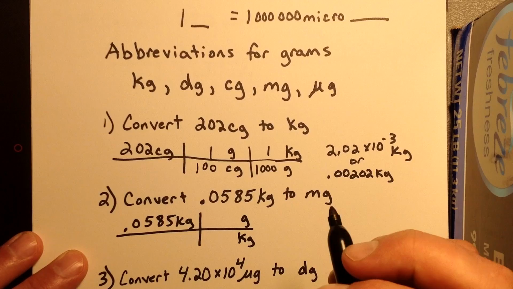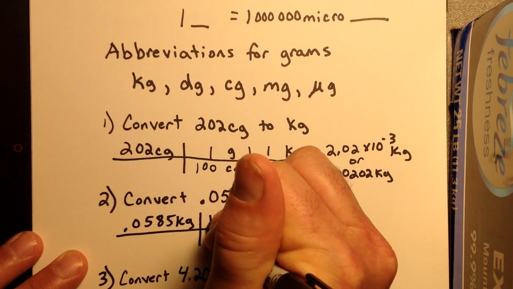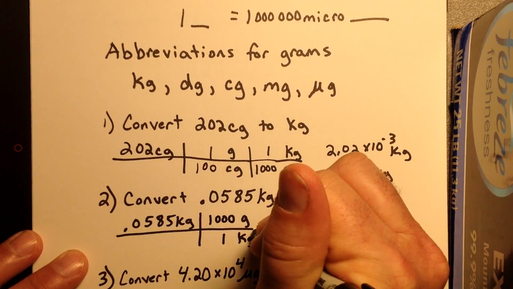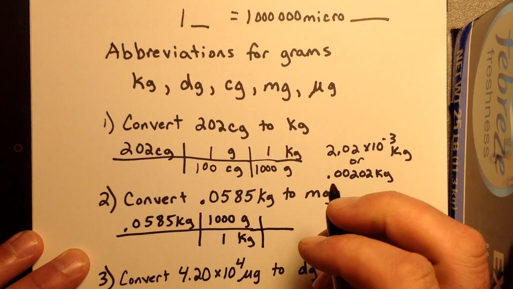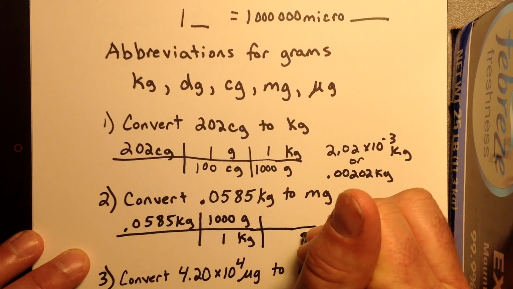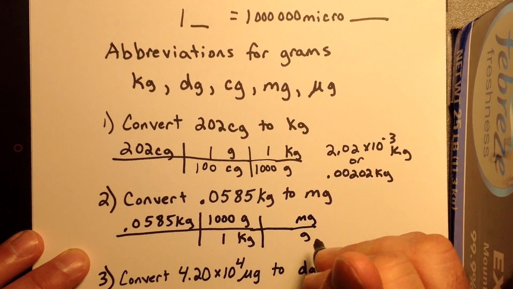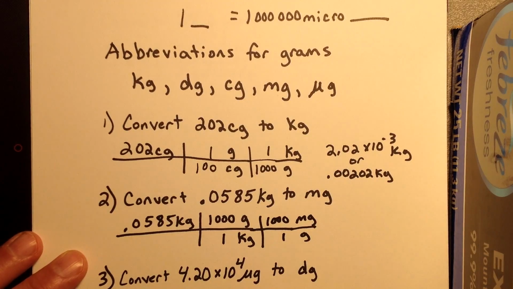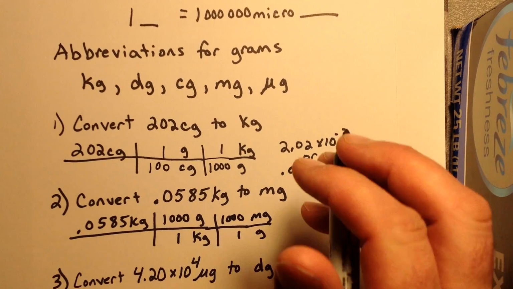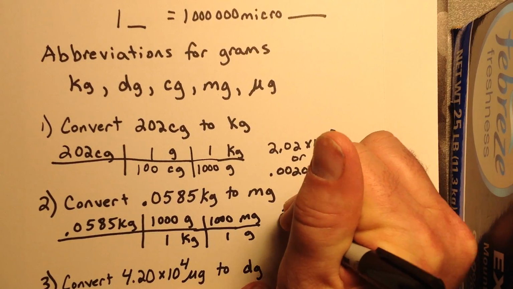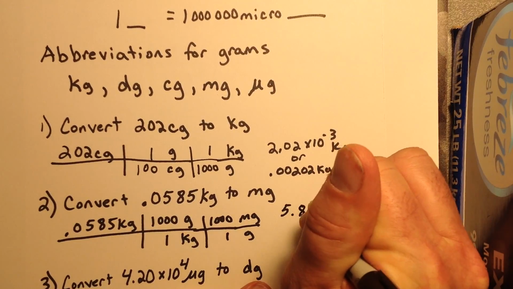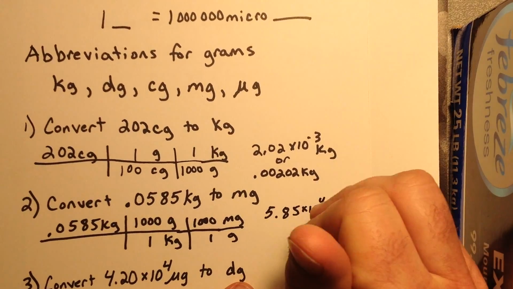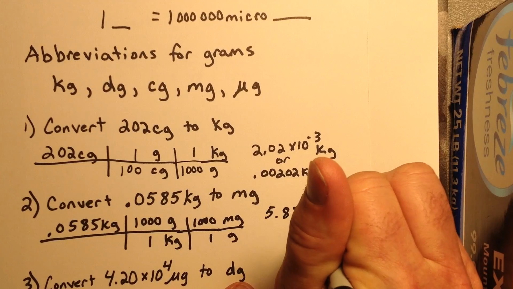Which one's larger, a kilogram or a gram? 1,000 grams equals 1 kilogram. You always can look at the top chart if you forget. Now what has to go on the bottom? Grams to milligrams. Again, 1,000 milligrams are in 1 gram. When you type this in, once again, I like scientific notation, 5.85 times 10 to the 4th power, and that's in milligrams.